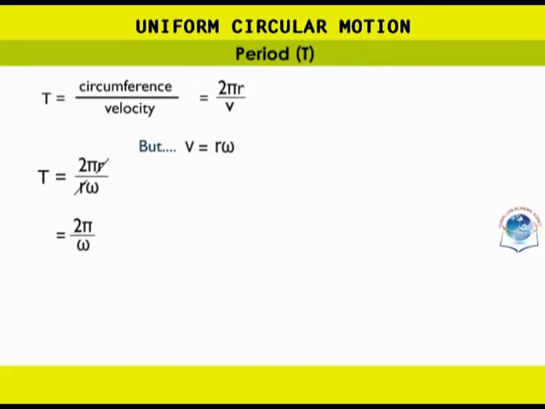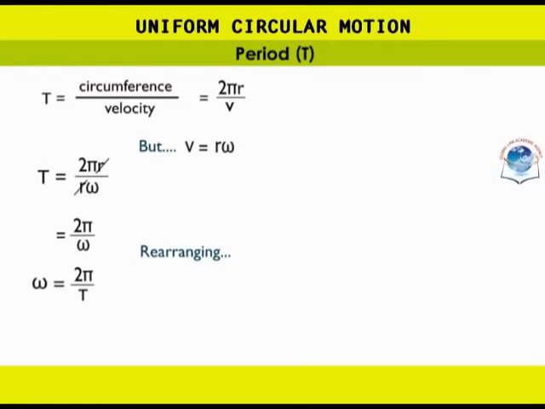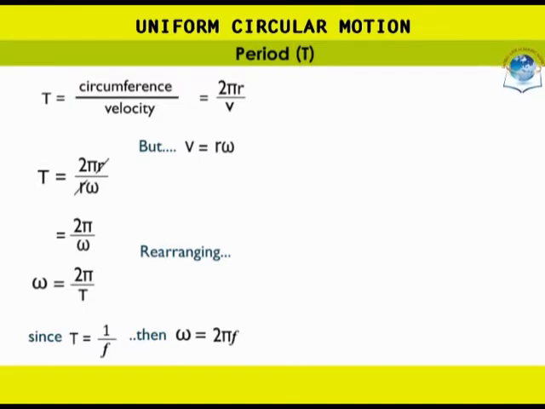Let us play around with these expressions. We can rearrange them to have omega is equal to 2 pi over t. Since t is equal to 1 over f, then omega is equal to 2 pi f, where f is the frequency of rotation.